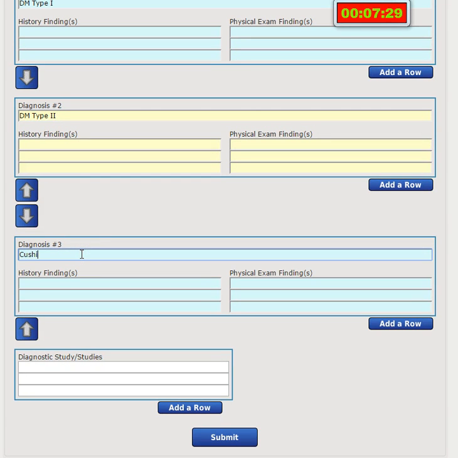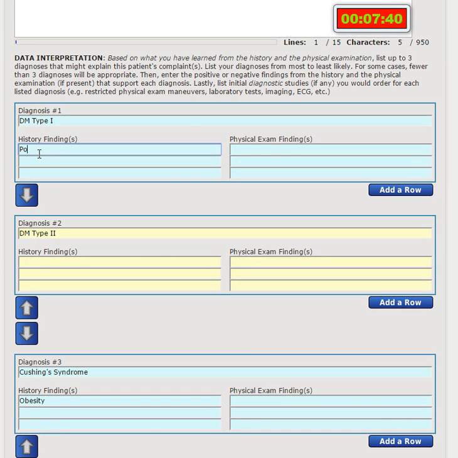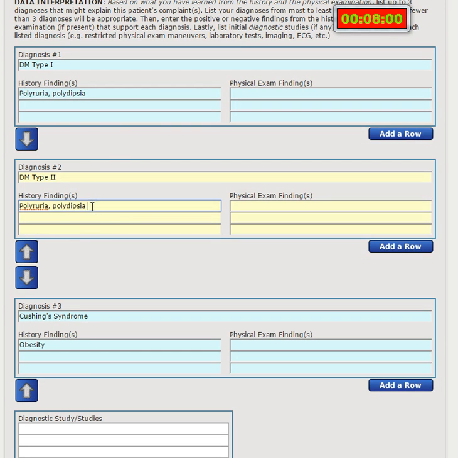Third thing is Cushing's syndrome, which is supported by obesity, polyuria, polydipsia.